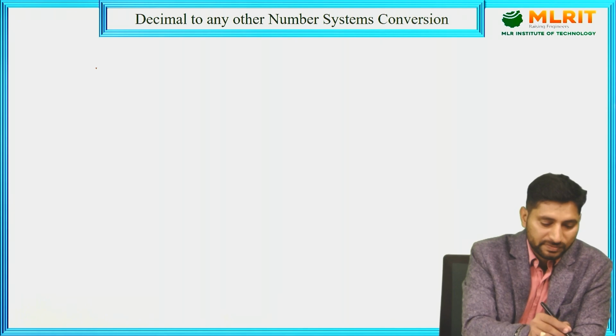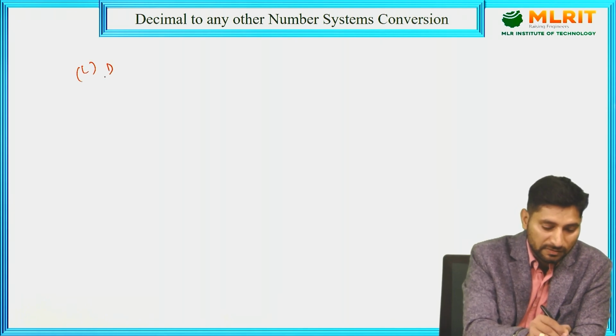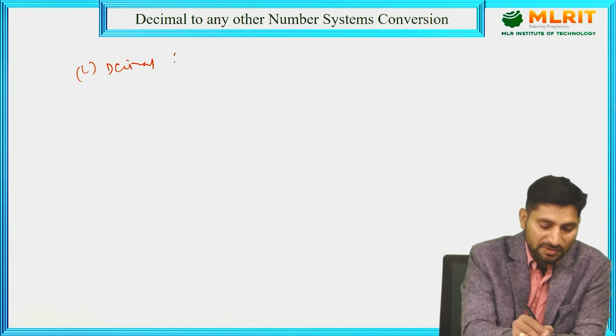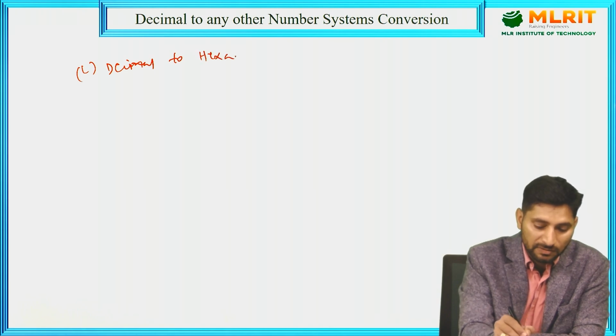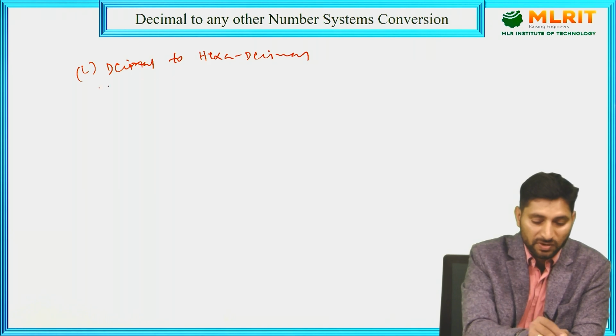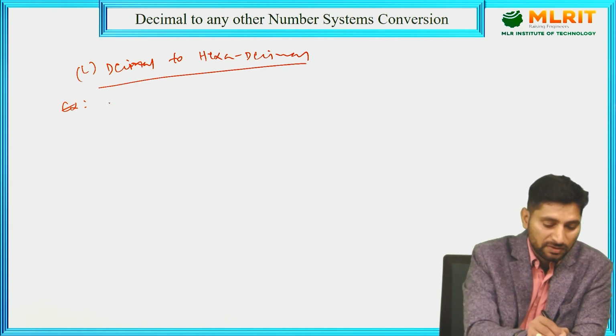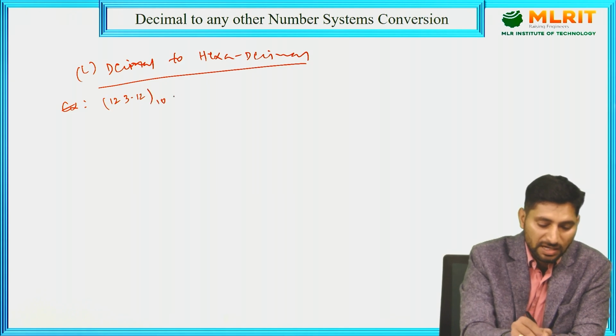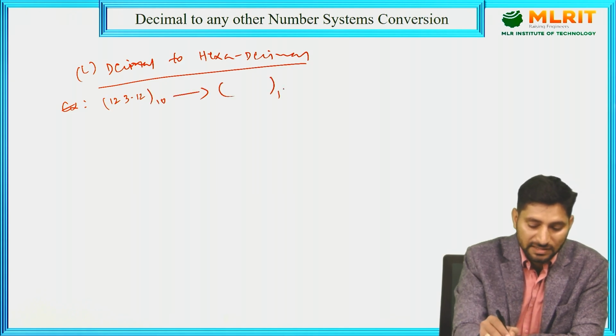Now while converting decimal to hexadecimal, the same process I have to follow. So for example, let me take 123 point 12 in decimal, I must convert it into hexadecimal.